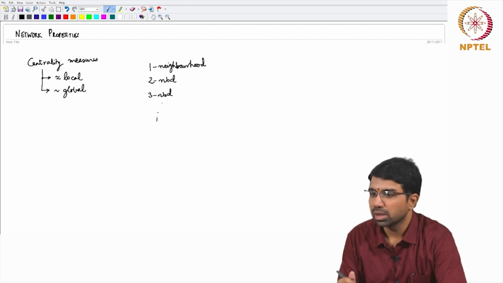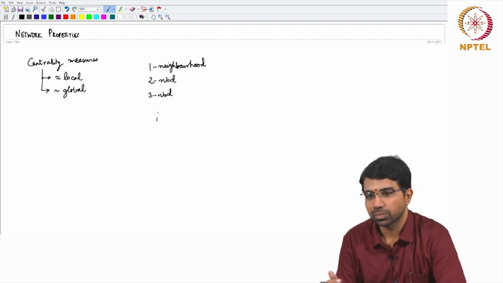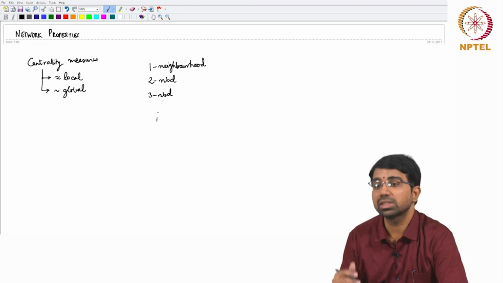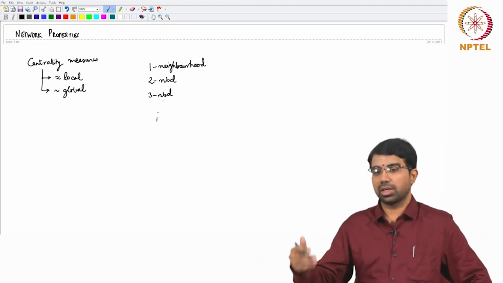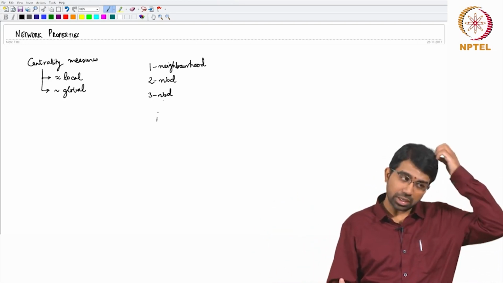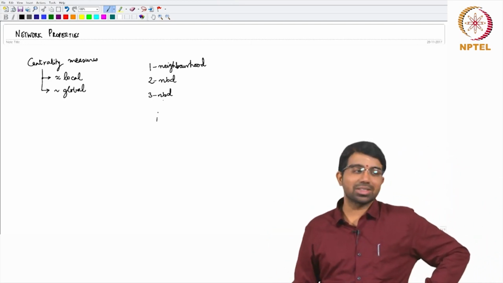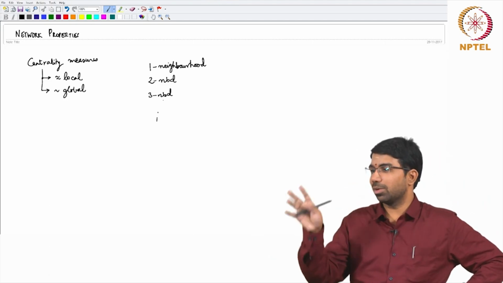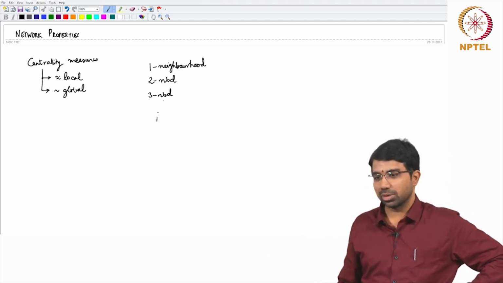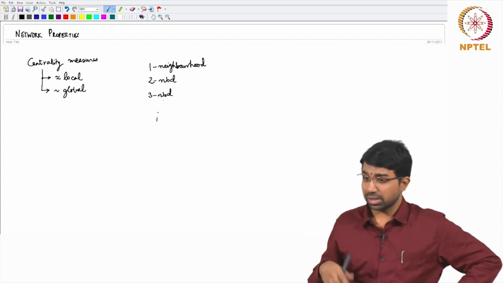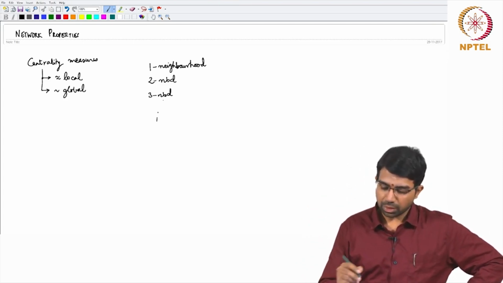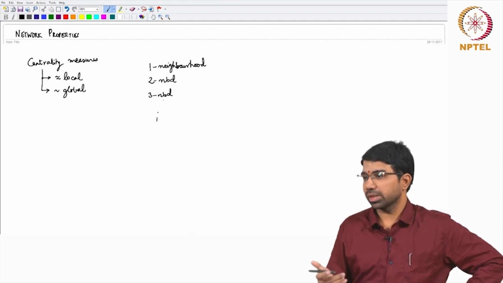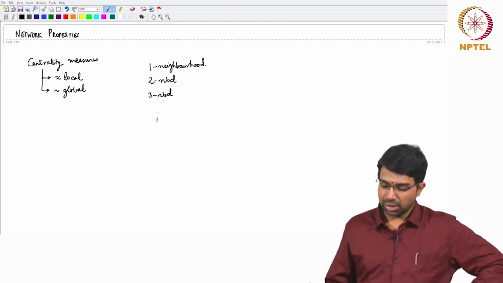One neighborhood is the list of all neighbors of a node, 2 is neighbors plus neighbors of neighbors, 3 is neighbors plus neighbors of neighbors plus neighbors of neighbors of neighbors, right. So, typically in biological networks you will see that in 4 hops you might be able to traverse practically all of the network, at least in many protein interaction networks and so on. So, these are other properties, right, what nodes are present in your neighborhood.